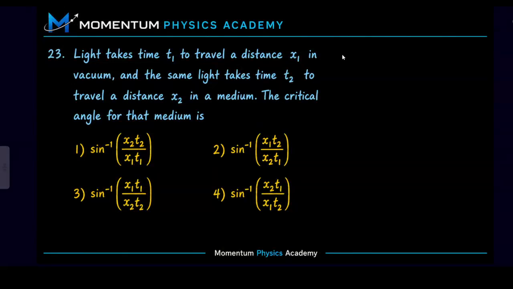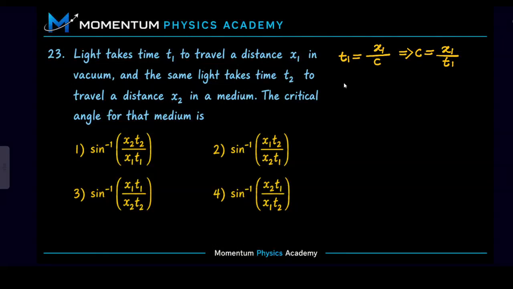Tell me what we can write first of all. T1 is the time taken by the light to travel in a vacuum a distance of x1. So t1 is x1 by the speed in vacuum, which is c. From this, c is equal to x1 by t1.